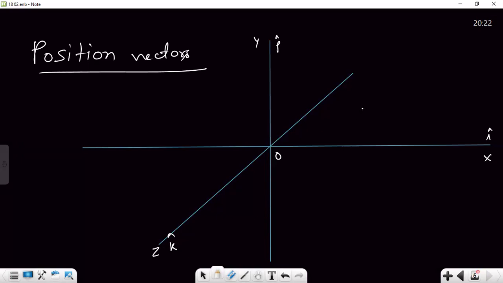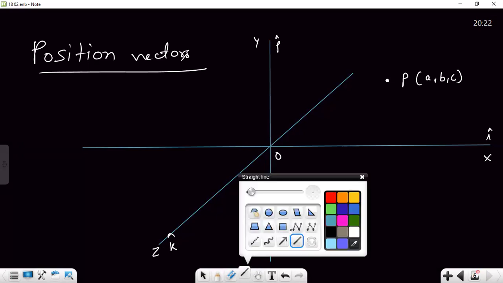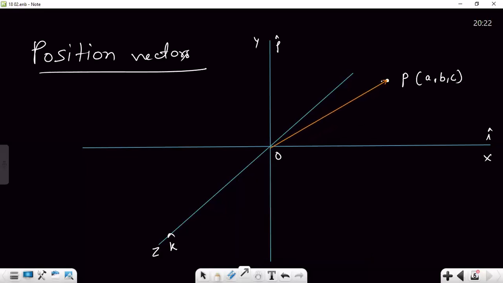So simple concept is this: if I have to move to any point, let's say its coordinates are A, B, and C. A coordinate in x, B coordinate in y, C coordinate in z. So if I have to find OP vector, I'm moving from O to P, from the origin to the P. So this OP vector is actually A minus 0, the distance that I have to go in x, because origin's coordinates are 0, 0, 0.